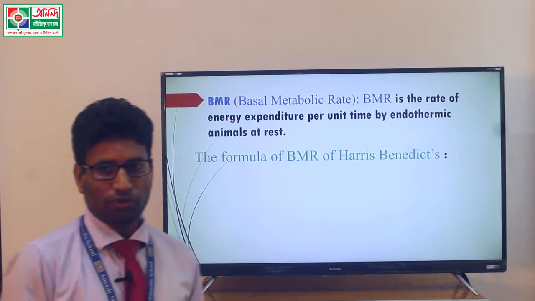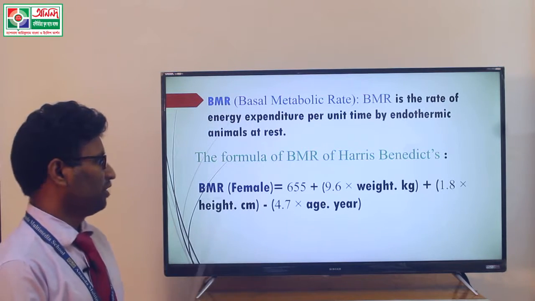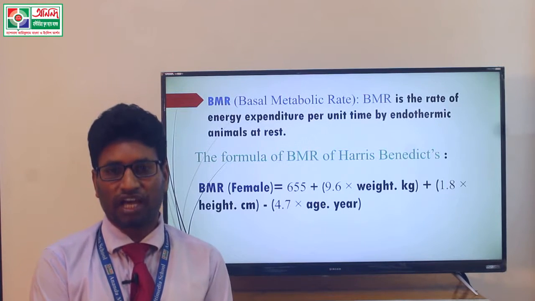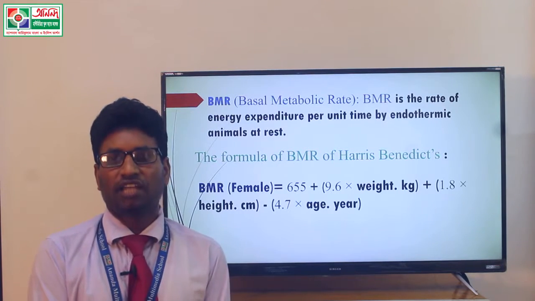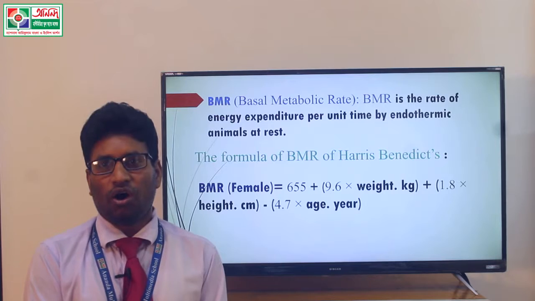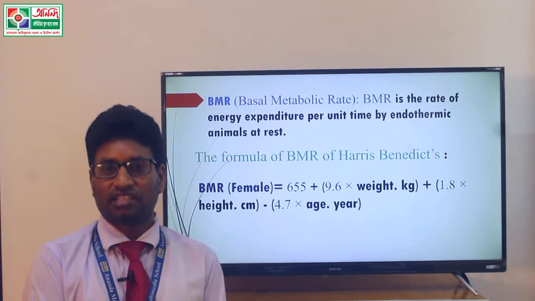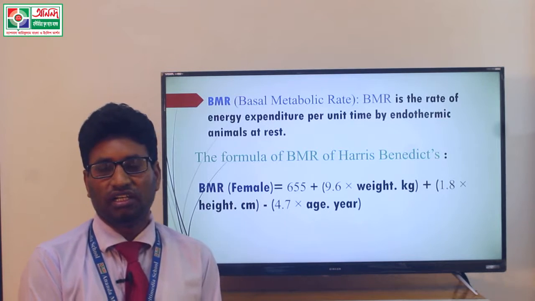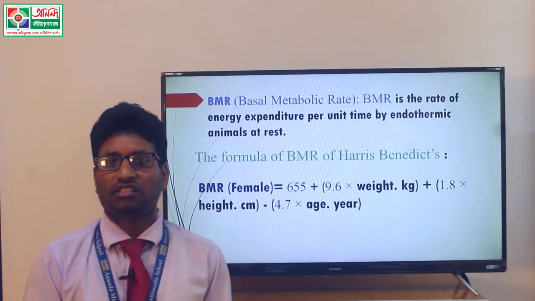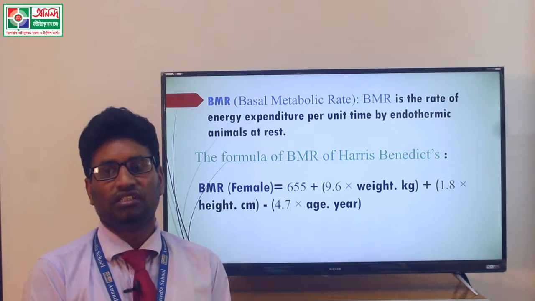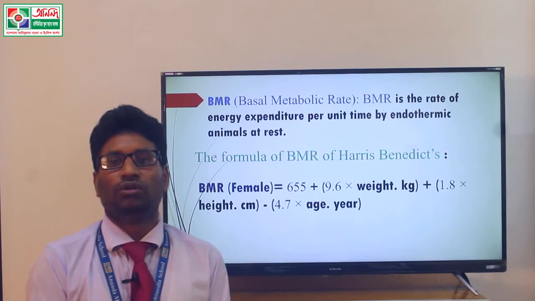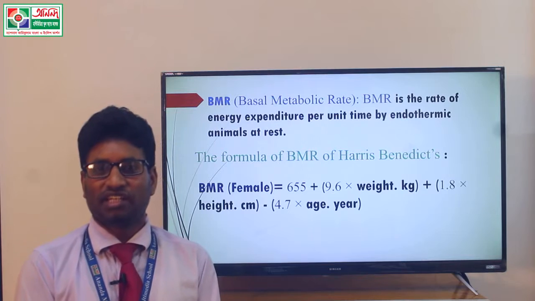These two formulas are: BMR female equals 655 plus 9.6 into weight expressed in kg plus 1.8 into height expressed in centimeter minus 4.7 into age expressed in year.